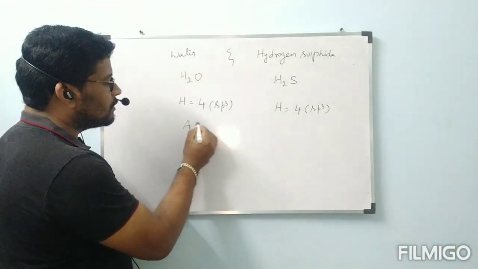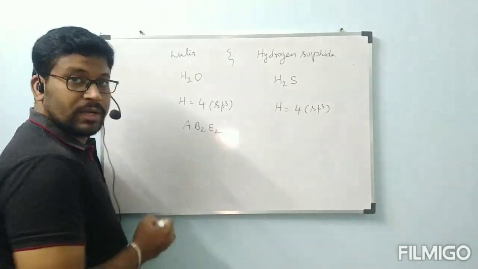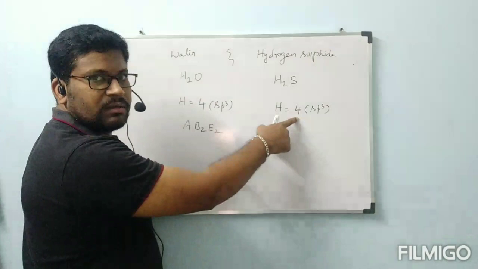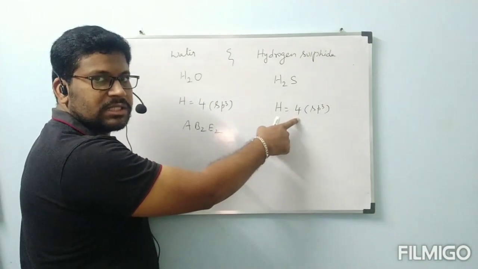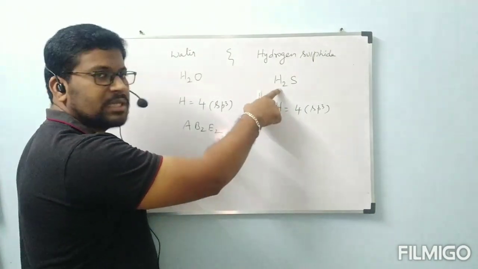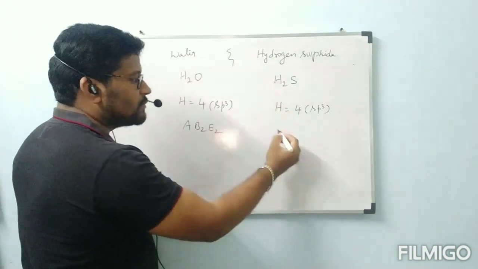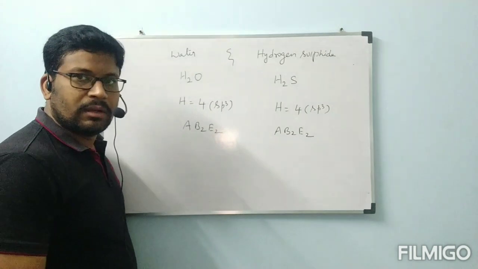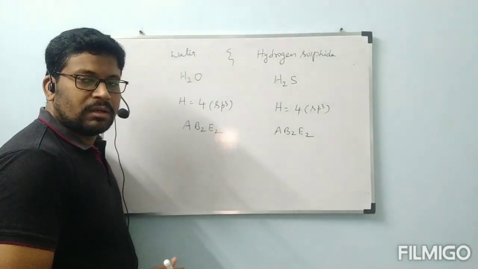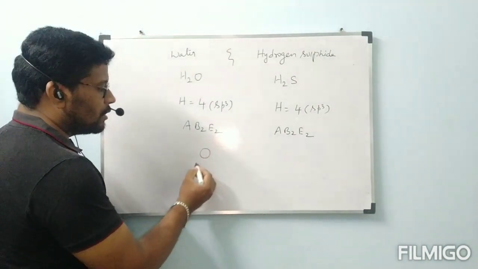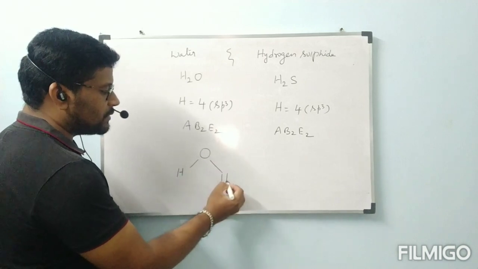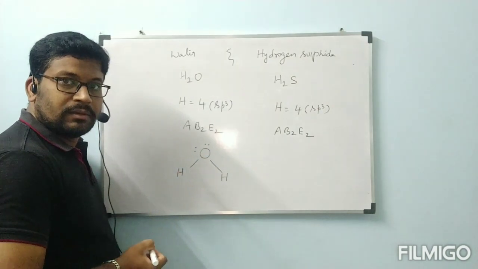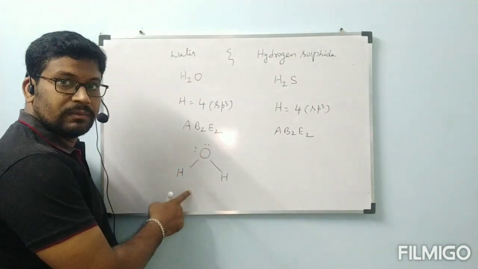This comes under the AB2E2 model. Same here, 4 hybridized orbitals, 4 minus 2, and this is also the AB2E2 model. The AB2E2 model gives an inverted V shape or bent shape with 2 lone pairs on the central atom. This is the shape of H2O.